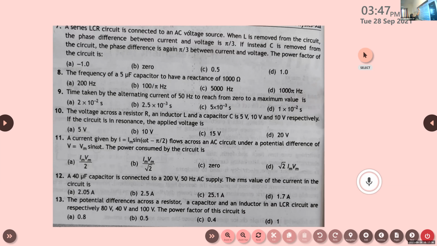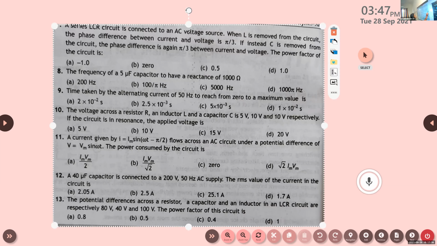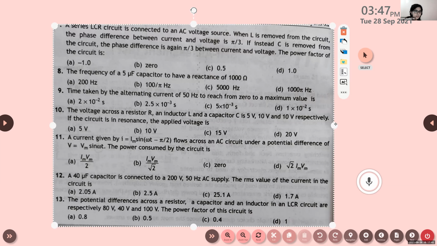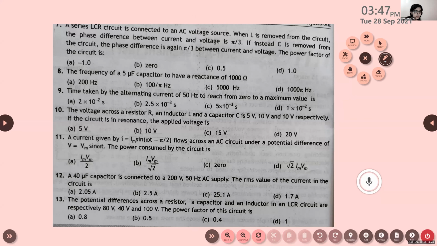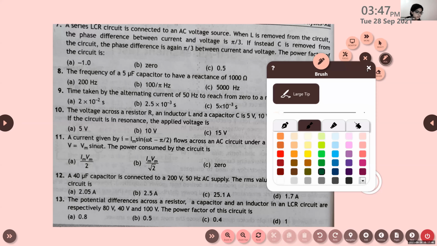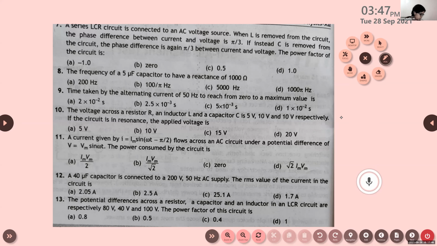Is it visible now? Is it clear? Yes, ma'am. Okay. Up to where did we discuss in the last class? Up to 9. Yes, ma'am. Okay. Now the 10th question.